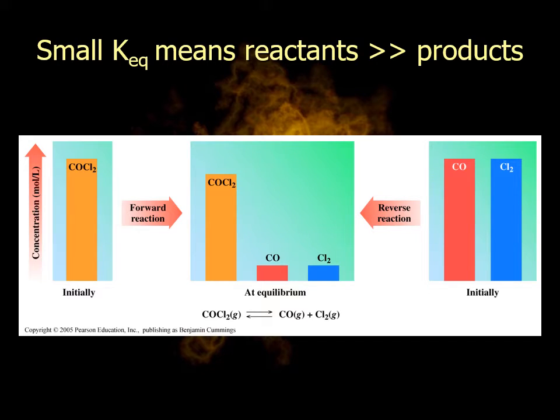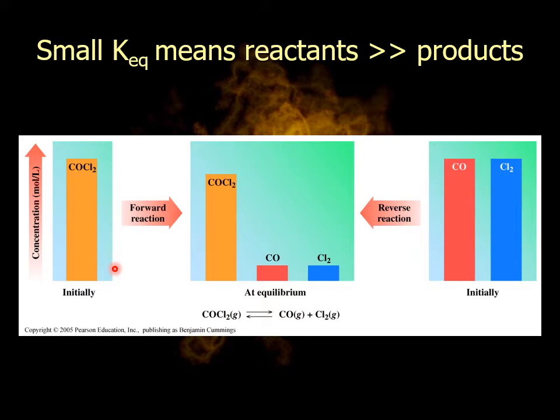So small K suggests the opposite. So in this example, the concentration of COCl2 at equilibrium is much larger than that of CO and Cl2. So these are the products. The COCl2 is the reactant. The numbers on the top are going to be smaller than the number on the bottom, consistent with K being small.